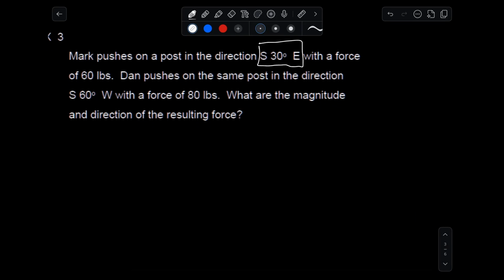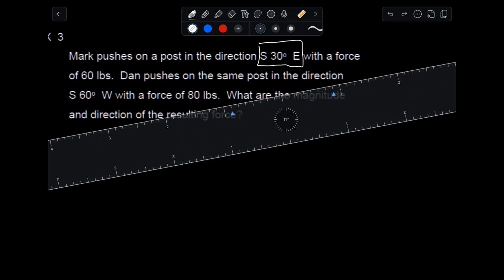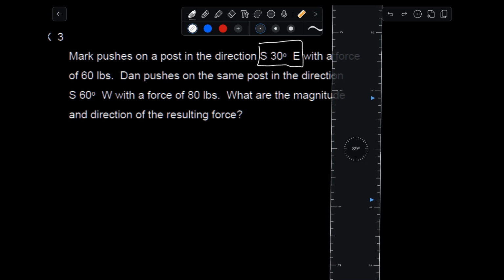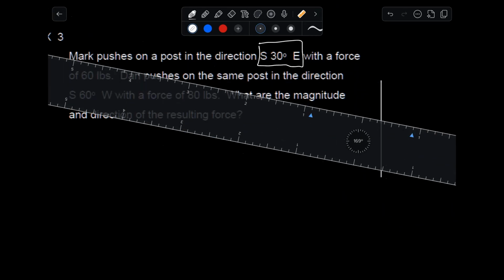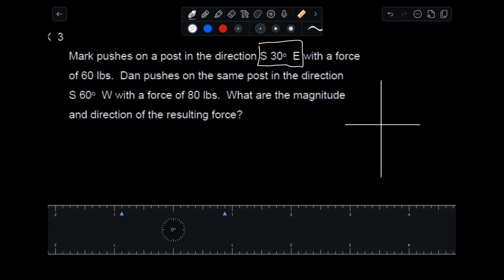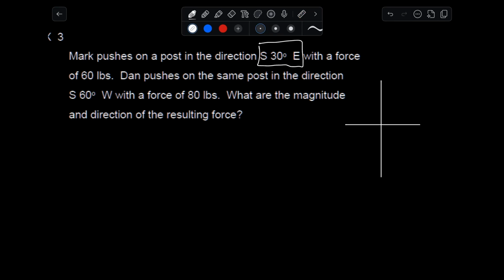So south 30 degrees east, let's go draw our coordinate plane. Actually, I can use a ruler instead. It makes it easier for you guys to actually do these types of problems. What south 30 degrees east means is when we have these types of problems, it's going to be east, north, south, west.